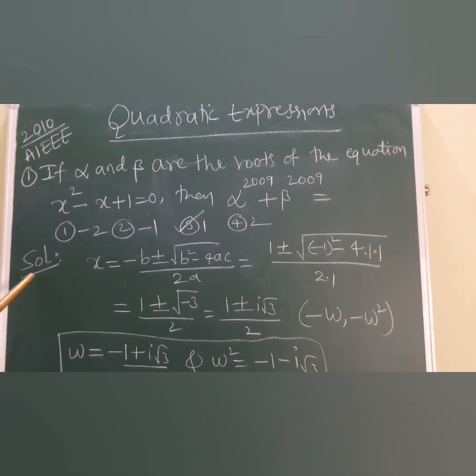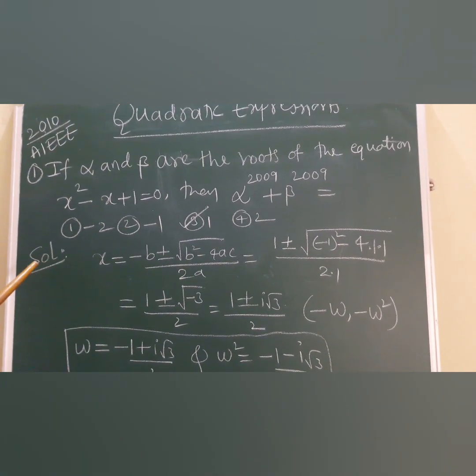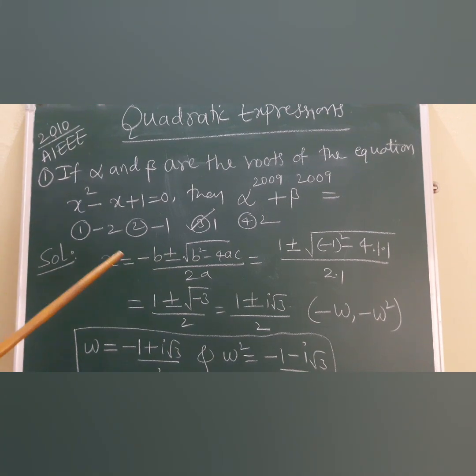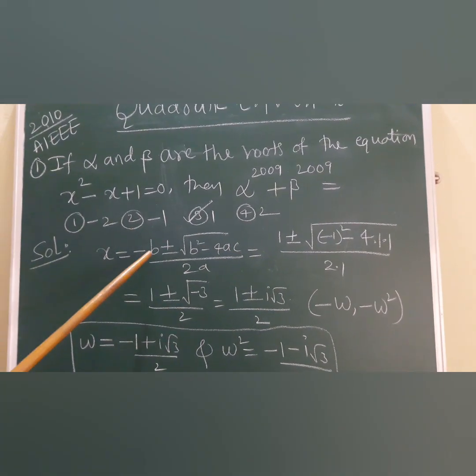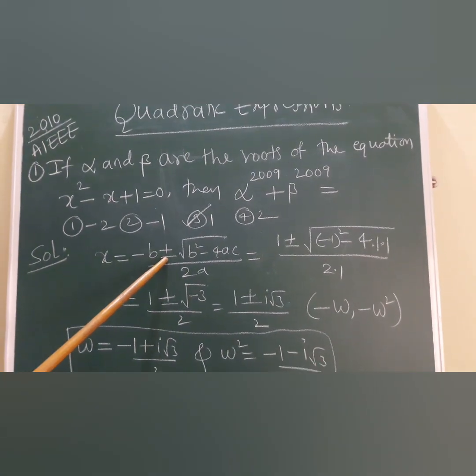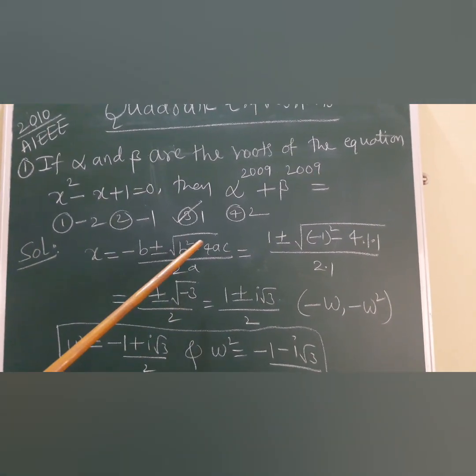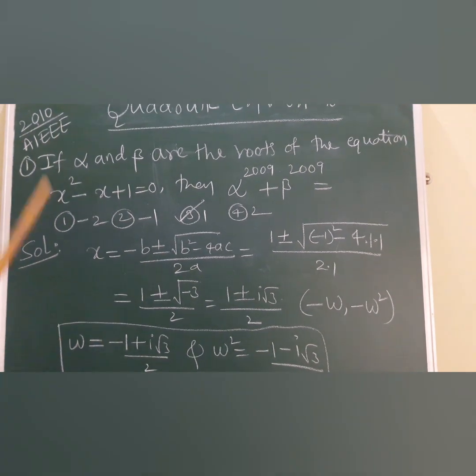Here, let us find the roots of the equation. We know that the formula for roots is x is equal to minus b plus or minus root of b square minus 4ac by 2a.